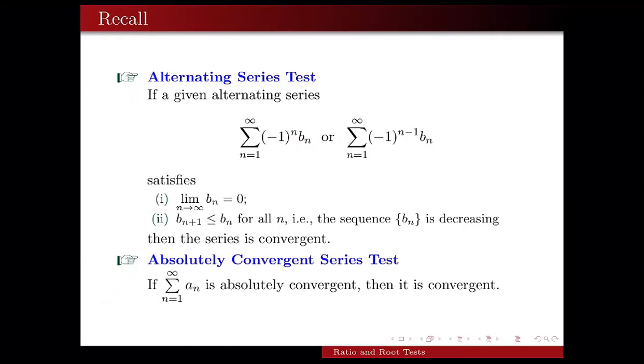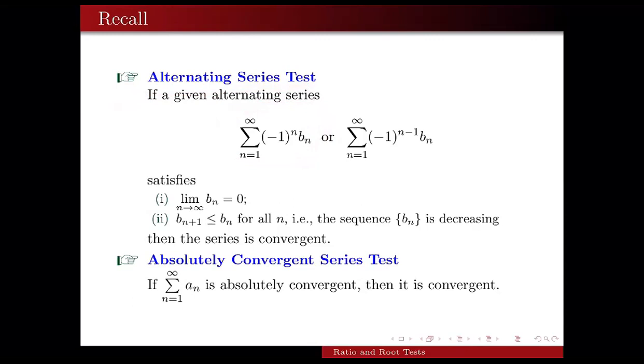Or you can have all negative, but you need to factor out the negative so that you will only study the series with positive terms. For the alternating series, you can have negative terms, but this is very specific. You need alternating signs.